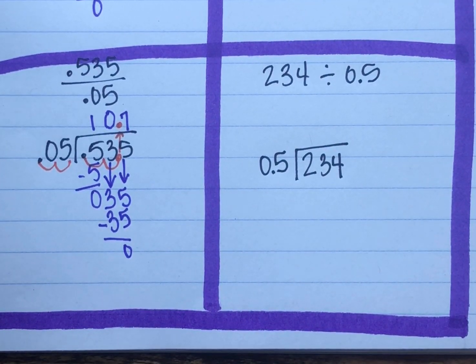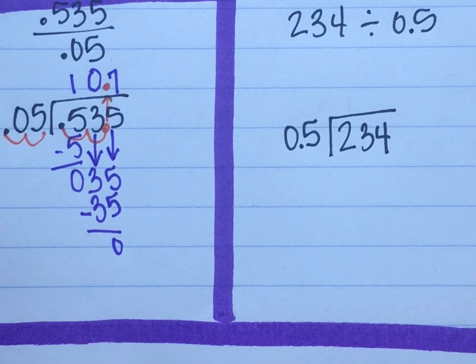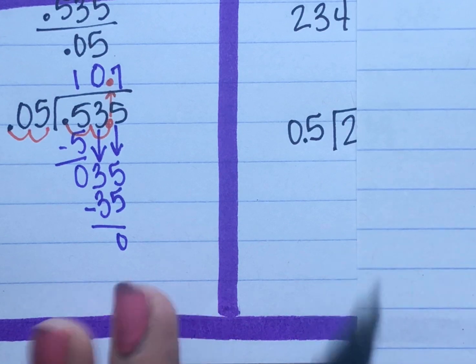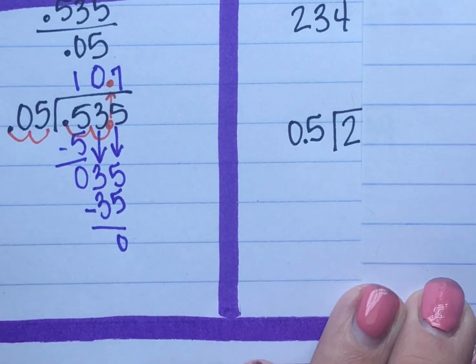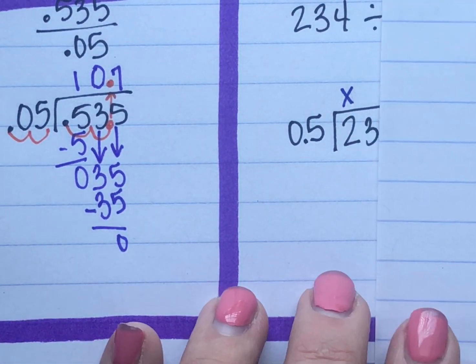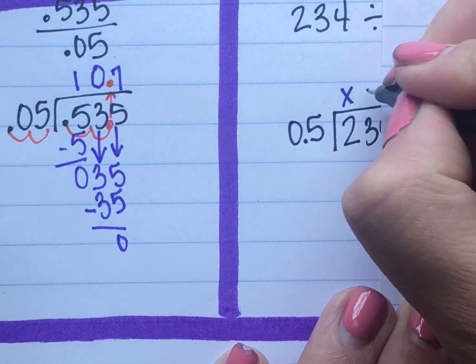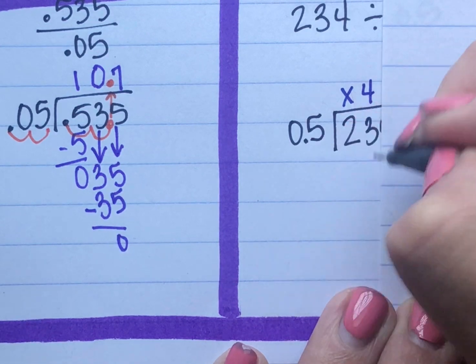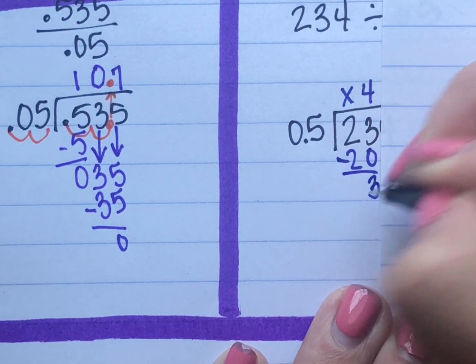I'm gonna, again, use the hide and slide method on this one. So 234, 5 goes into 2. How many times? Well, 5 actually doesn't go into 2. So I'm gonna just put a placeholder, and I'm gonna slide over to my next piece of information. 5 goes into 23 4 times. 4 times 5 is 20. Subtract, and I get 3.